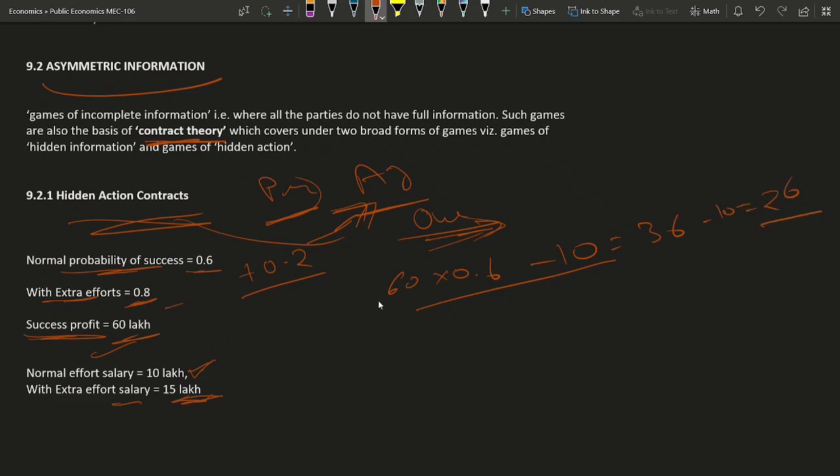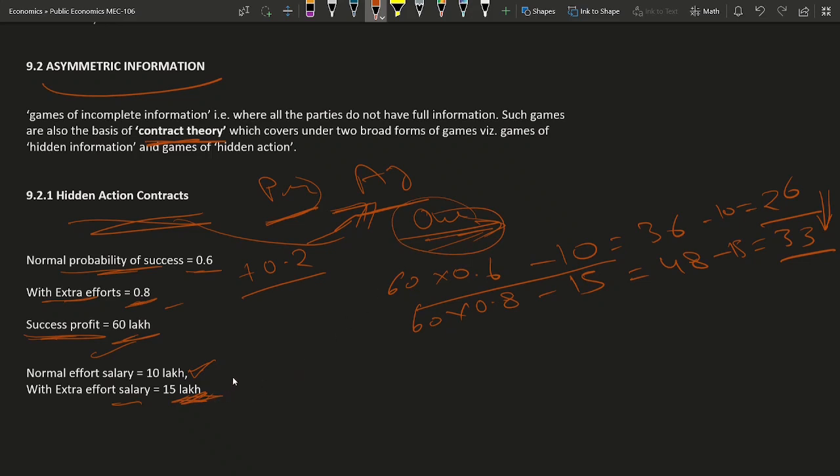And with extra efforts, 60 multiplied by 0.8 minus 15 lakh. This comes to 48 minus 15, which is 33 lakh. So definitely there is a net increase with the extra efforts even after deducting the extra effort salary. So the owner should go with the extra effort.